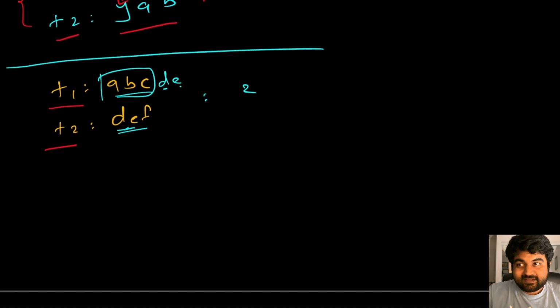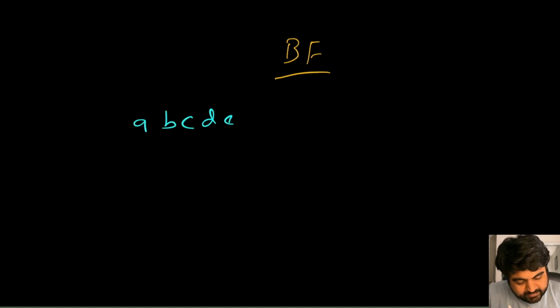Now let's understand the brute force approach to solve this problem. The logic is quite straightforward. Let's say that we are currently given two strings in this particular fashion. Then we can go through every single possible combination of any particular string and try to match it with the other string.